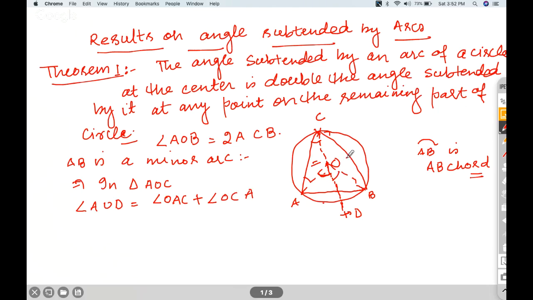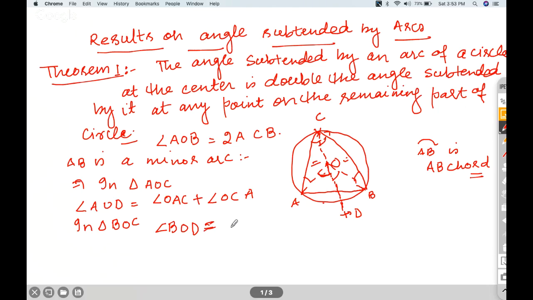And on this side, in triangle BOC, the exterior angle BOD would be equal to these two interior angles.